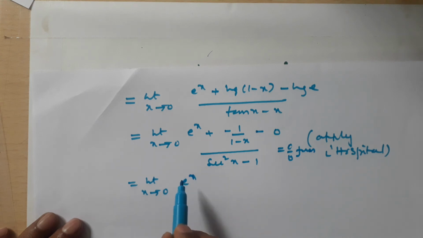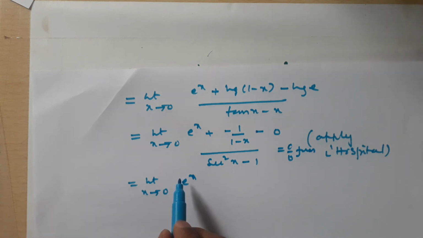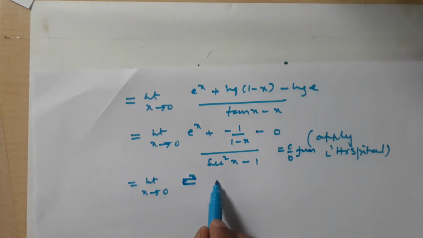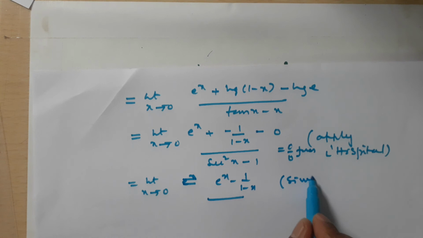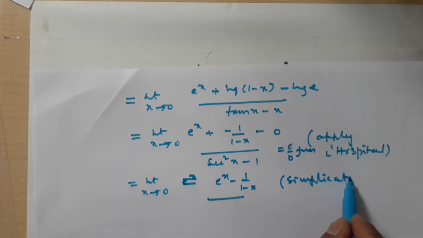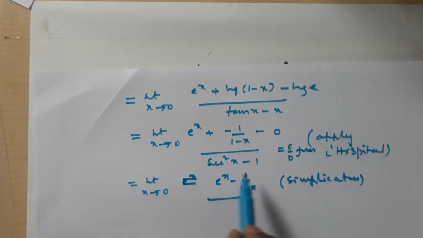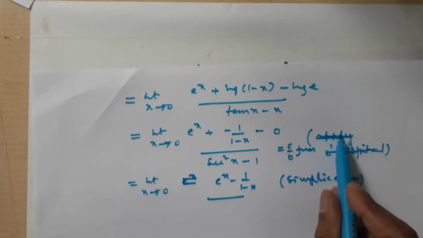e power x differentiation is e power x. Before that, I cannot apply this to e power x minus 1 by 1 minus x, so first the denominator simplification, only simplification. Do not apply L'Hospital first.